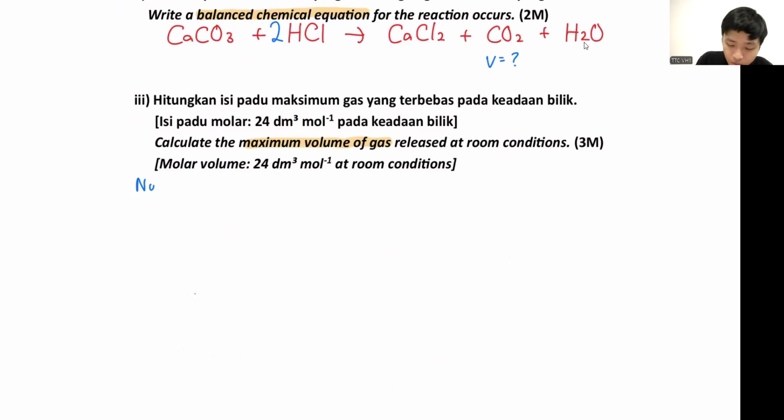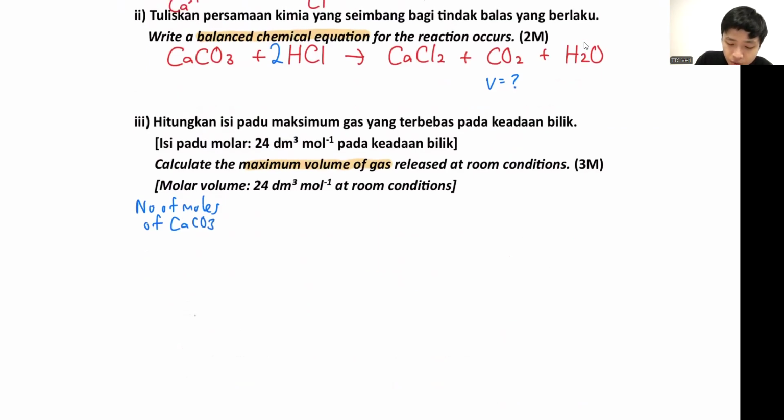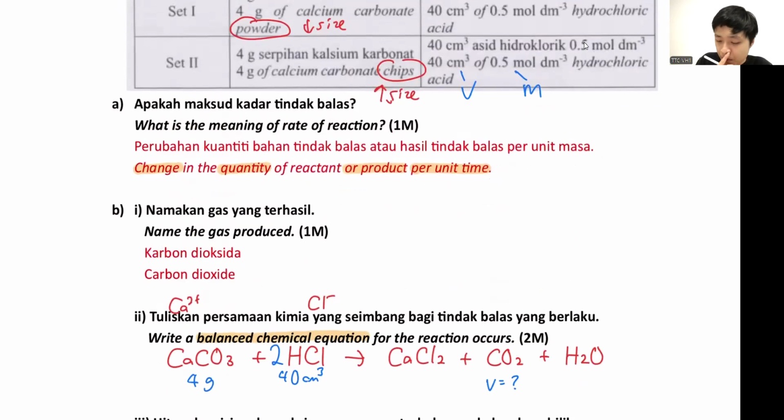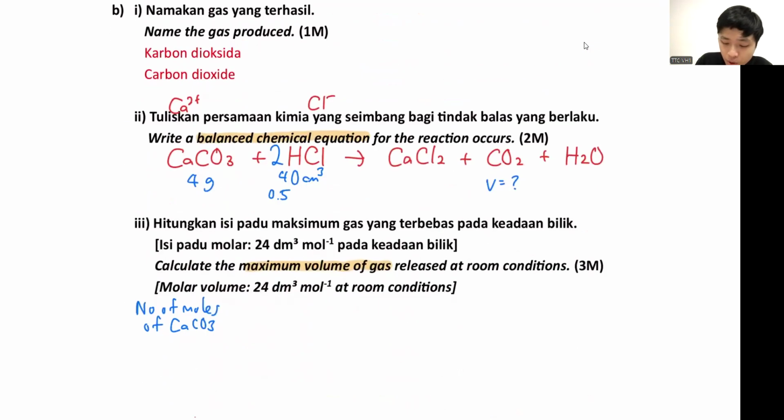So I get the number of moles of calcium carbonate, since I give you 4 grams. Okay, I write down the information first. 40 cm cube of acid and 0.5 mole per dm cube of acid.